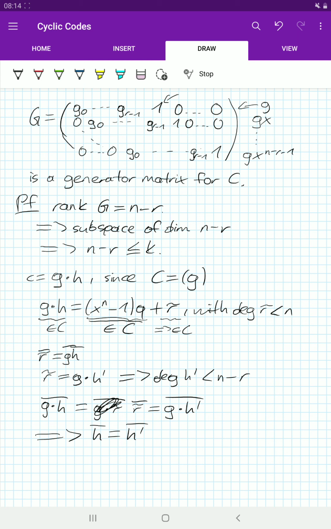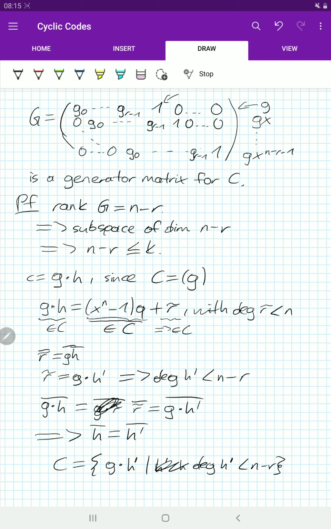So what we basically get is that, let's maybe write this out, C is the set of G times, say, H prime, where the degree of H prime is less than n minus r.